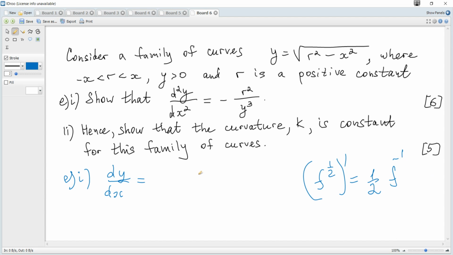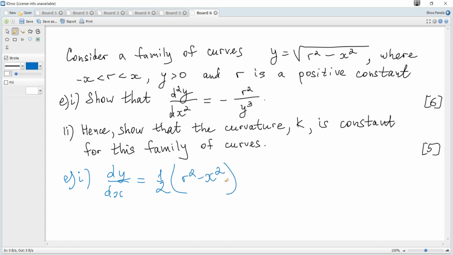So it becomes a half times r squared minus x squared to the power of negative a half, multiplied by the derivative of r squared minus x squared, which is negative 2x. R is constant, so the derivative of r squared is 0.